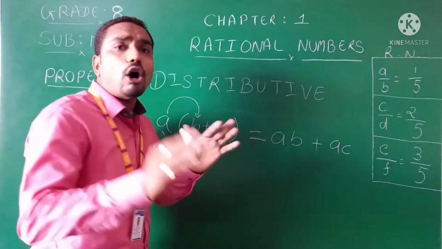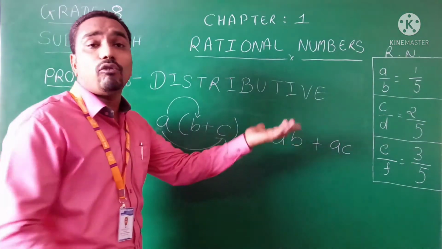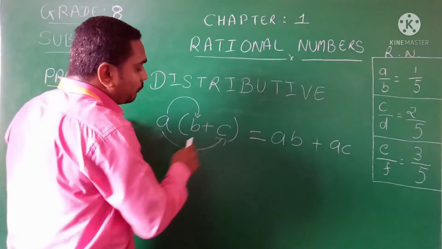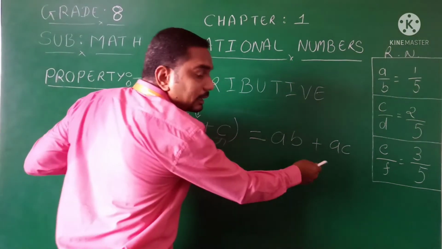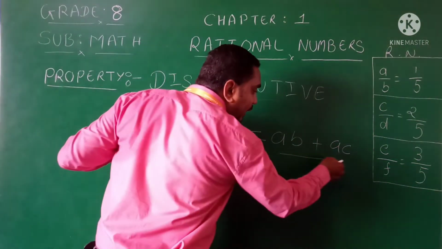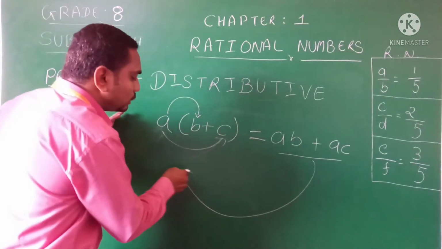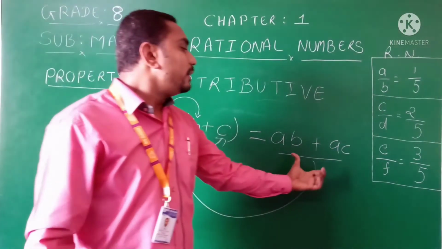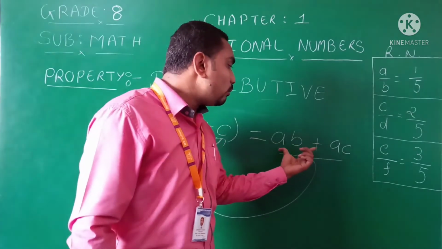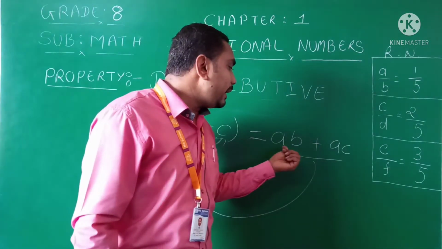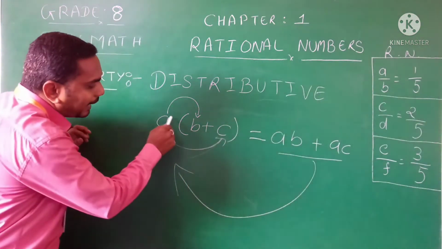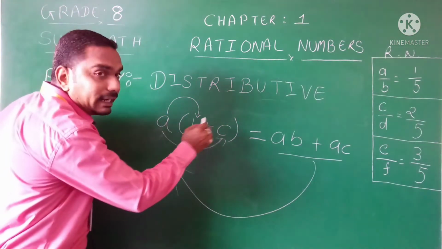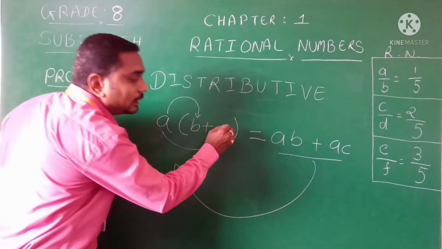Now, this thing can also be possible, like vice versa. For example, we went from LHS to RHS. We can go from RHS to LHS, because here you can see that in both terms a is common. So let's take a common, and we get a as a common factor, and in a bracket we will write b plus c.